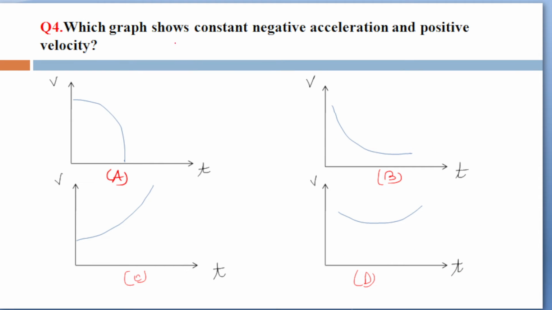Next question is, which graph shows the constant negative acceleration and positive velocity? So we have four graphs and we have to find which graph shows the negative acceleration. We consider acceleration which is negative, say minus c.